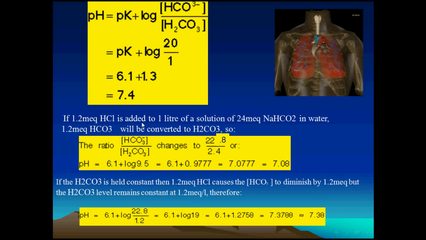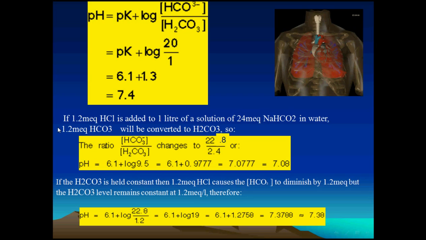1.2 milliequivalent of HCl, hydrochloric acid, to 1 liter of solution with bicarbonate 24, it will react with 1.2 of bicarbonate, and the bicarbonate will be diminished to 22.8. At the same time, the natural result of this reaction is the production of carbonic acid, so 1.2 of carbonic acid will be produced.